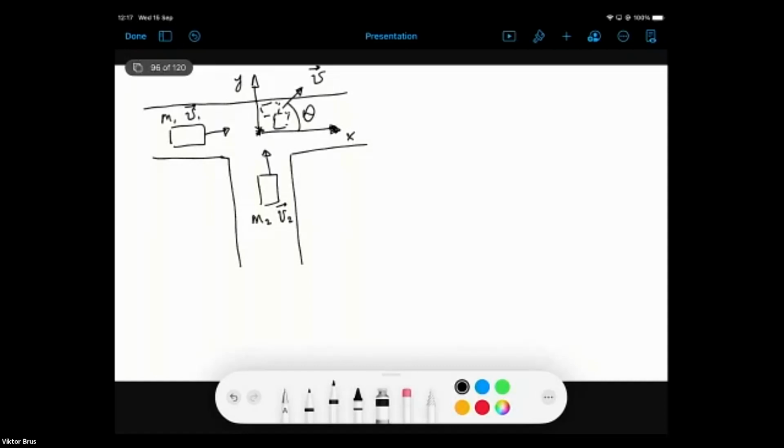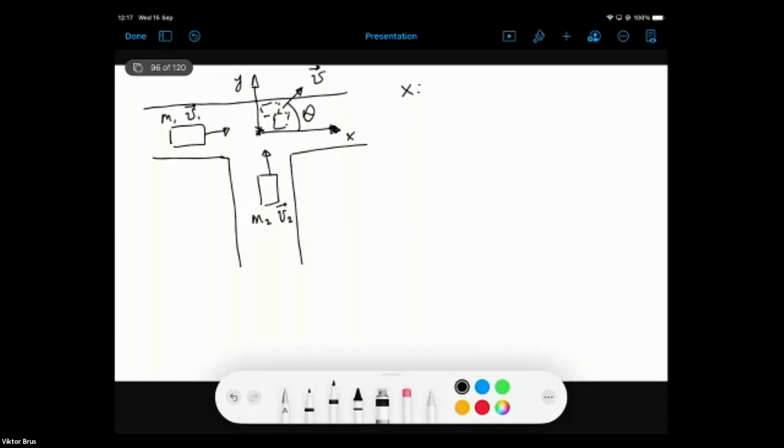So first, let us consider components along axis x. Since this is an inelastic collision, we cannot deal with conservation of kinetic energy, because as we know, part of kinetic energy is converted into internal energy.